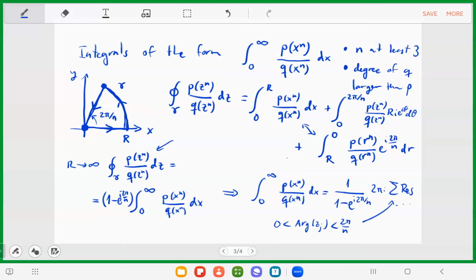Actually, that's true also for n equal 4, n equal 6, now that I think about it. So I guess this is only useful when n is odd. Because if the polynomials are functions of an even power of x, like 2, 4, 6, then the two functions are even, and in those cases it would be easier.